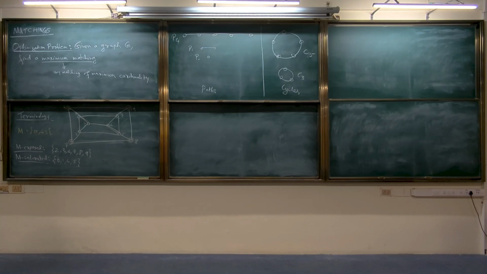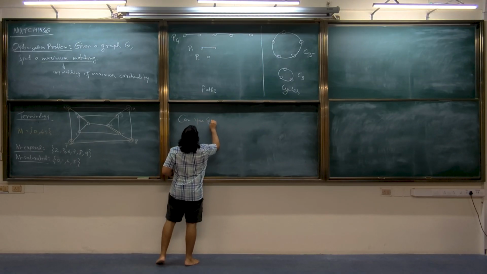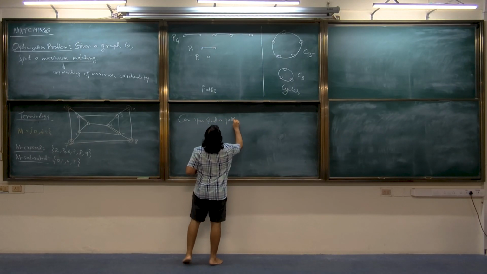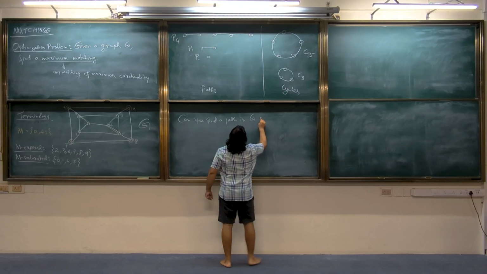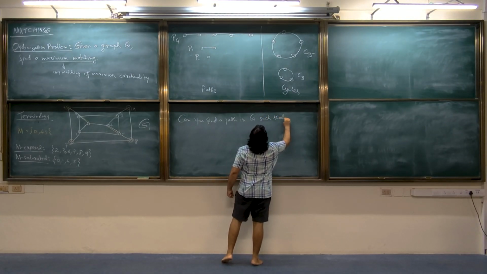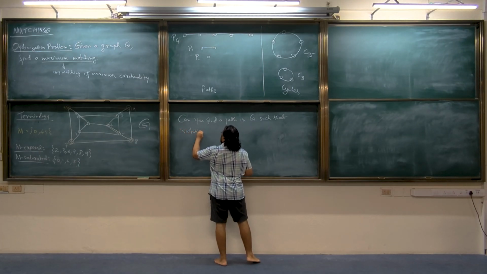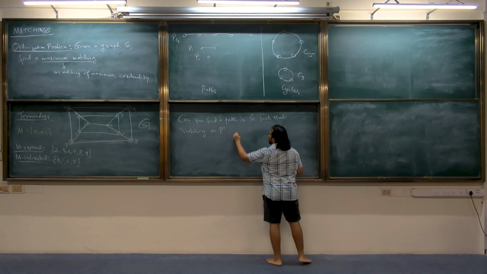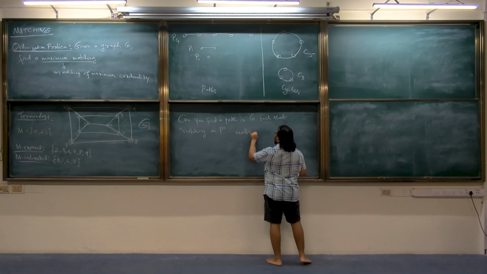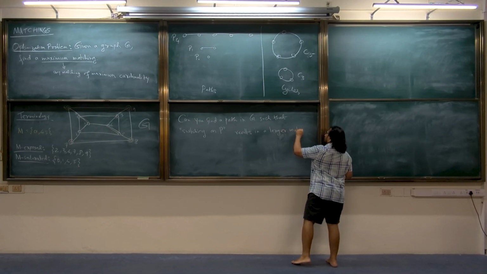So the question is, can you find a path P in this graph G such that switching on P results in a larger matching?